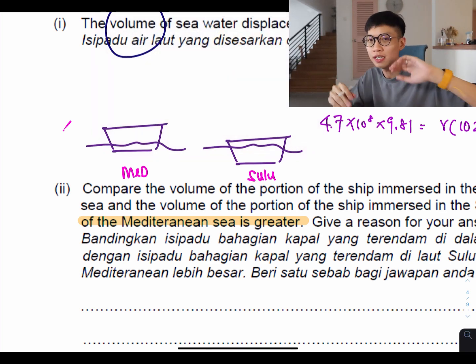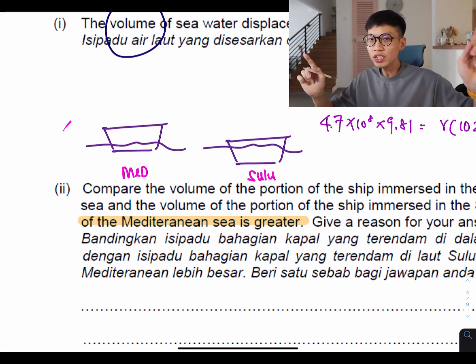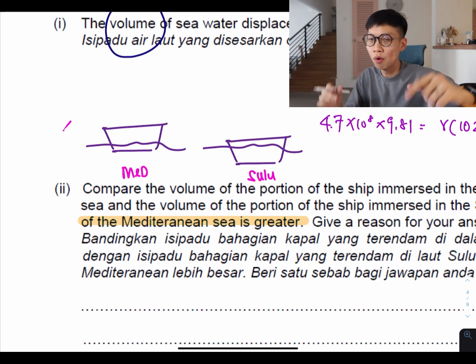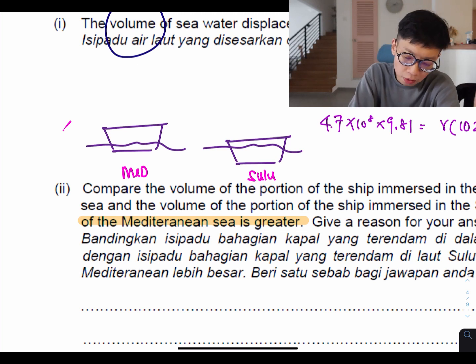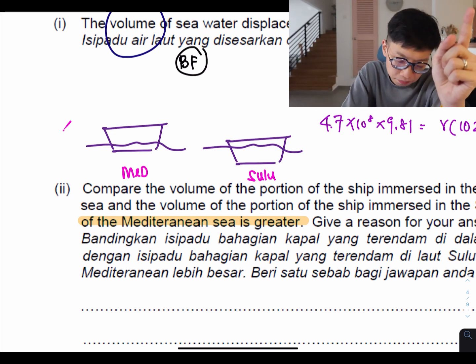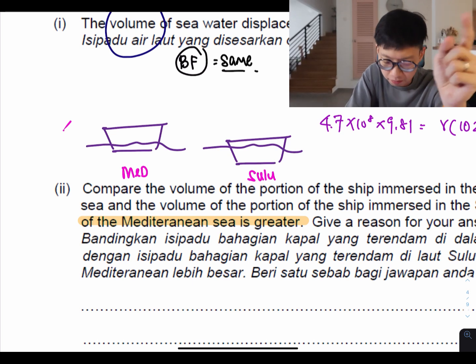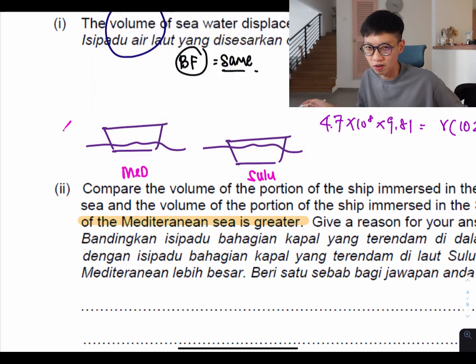Now guys, I have a question here. If they are floating in the Mediterranean like this and in the Sulu Sea like this, which sea will give more buoyant force? Which one has more buoyant force? The answer is the same. Why is it the same buoyant force?